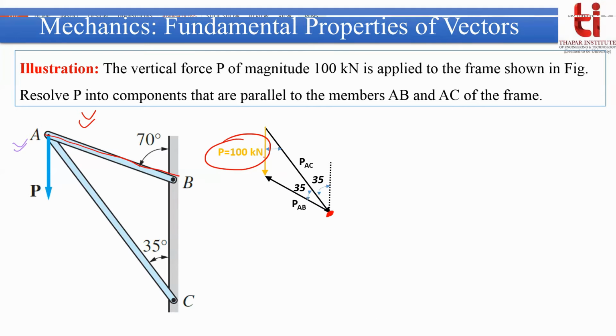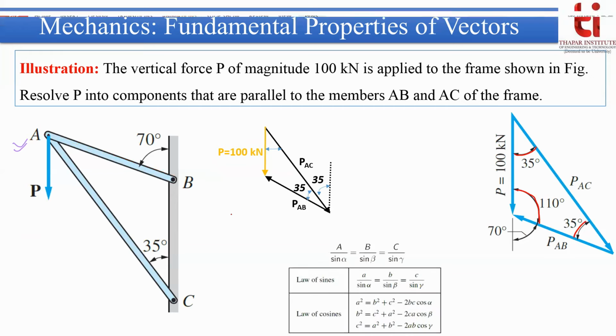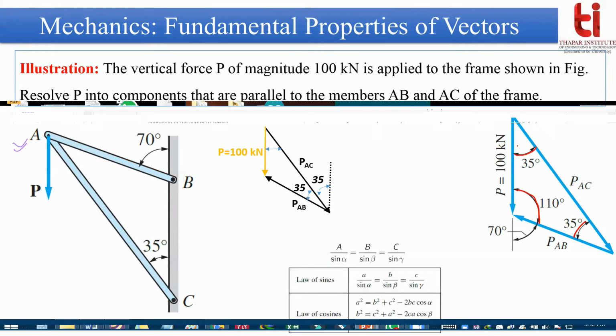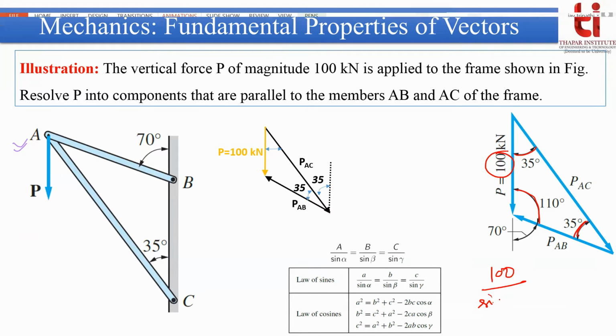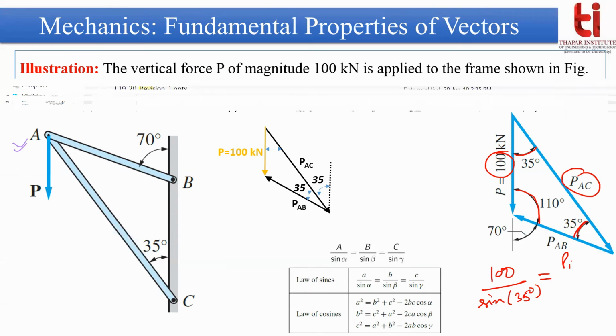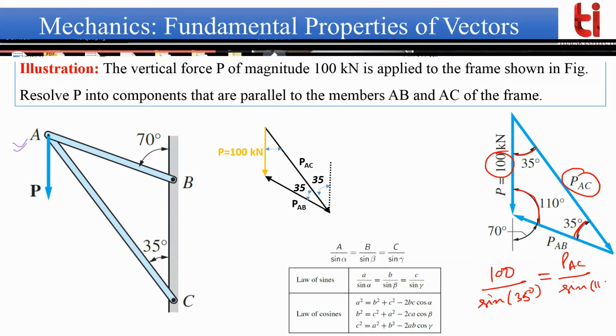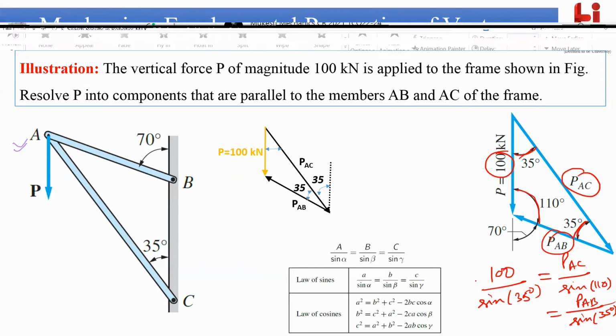Now we can find all the internal angles. The internal angles are 35, 35 and 110. Now we can apply the same sine law and cosine law. If you apply sine law, considering this 100 force, then 100 divided by sine 35 degrees equals this force PAC divided by sine 110, equals this force PAB divided by sine 35 degrees.